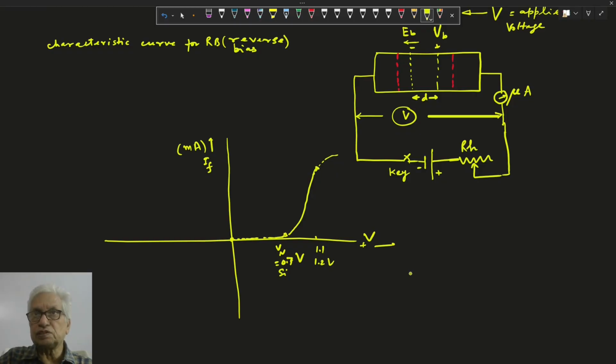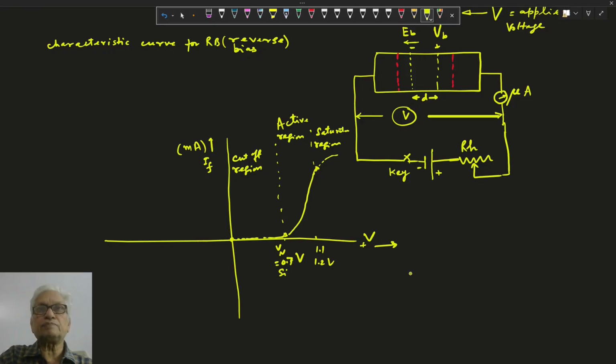Up to this point it is called the cutoff region, where we are not getting much forward current. This is called the active region, where current increases sharply. After that, this is called the saturation region. Even if voltage increases, current is not increasing much.